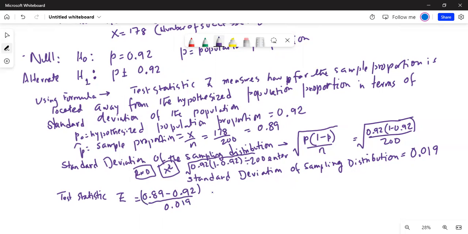So in my calculator, left parenthesis 0.89 minus 0.92, right parenthesis divided by 0.019, enter, equal to minus 1.579. That's your test statistic.